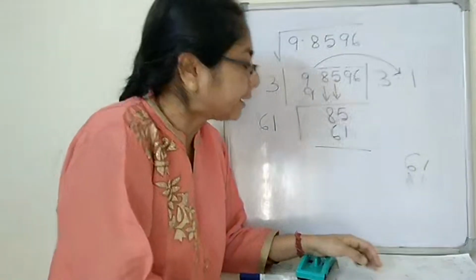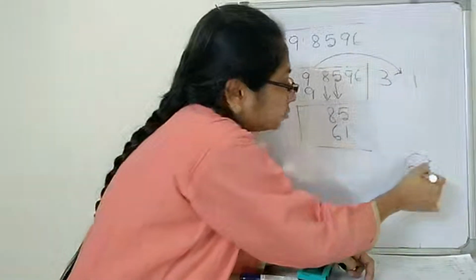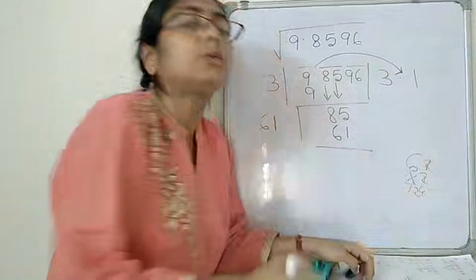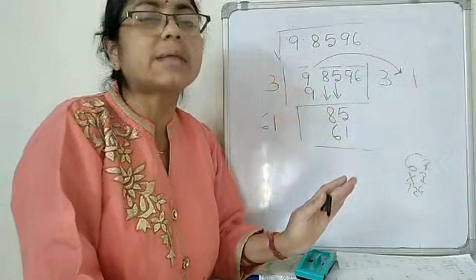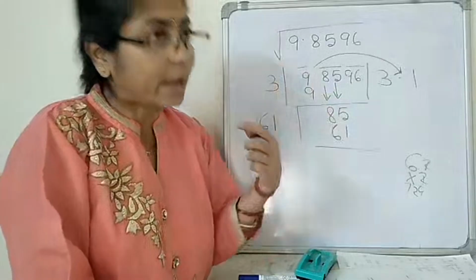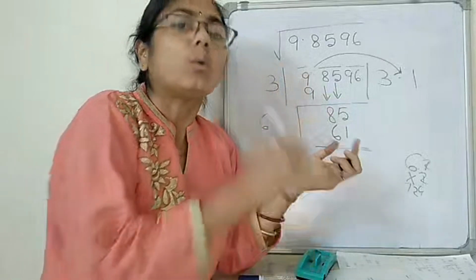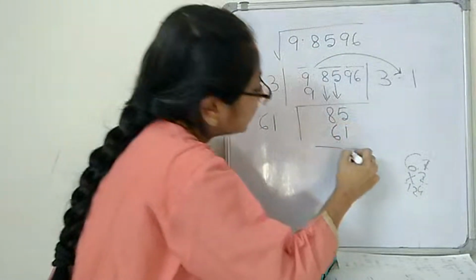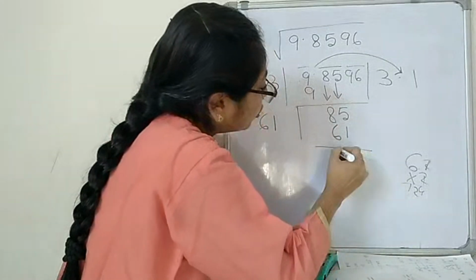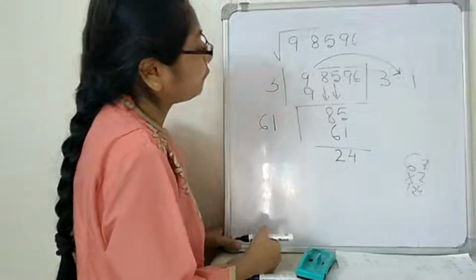The result is 124, but 124 is more than 85, so I can't use this number. Then we put 1, this 61. I put 1 here and 61. Next, subtract: 4, 2, 24.